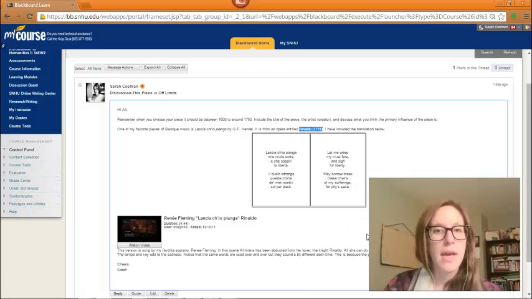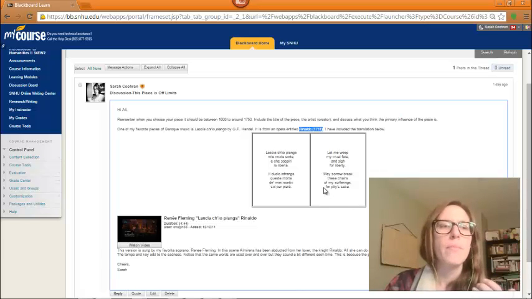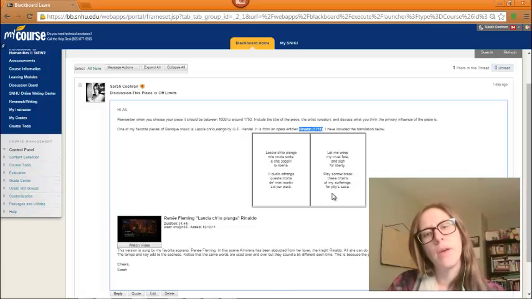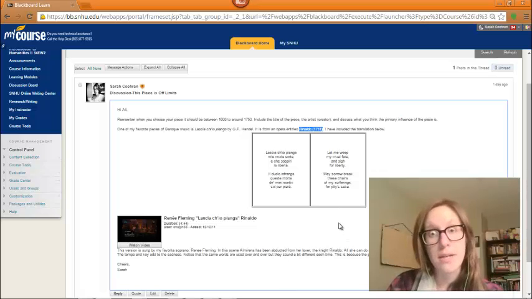If you're doing a piece of music and there's text or words, try to include a translation of those words so we really know what's going on. It's important to be able to see the painting or hear the music or see the architecture while you're talking about it, and it'll help your classmates as well when they're responding to your post.